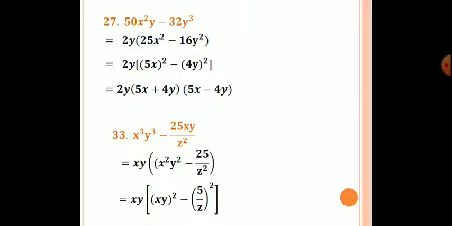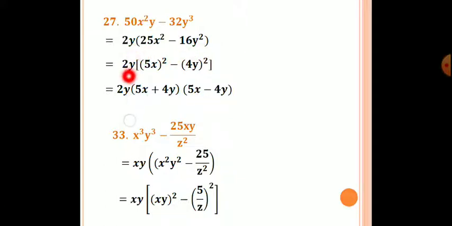Moving on to the next question, that is question number 27. 50x square y minus 32y cube. So here, out of these two numbers, we can take 2 common, and out of x square y and y cube we can take a y common. So taking 2y common, what is remaining is 25x square from the first one minus 16y square from the second one.